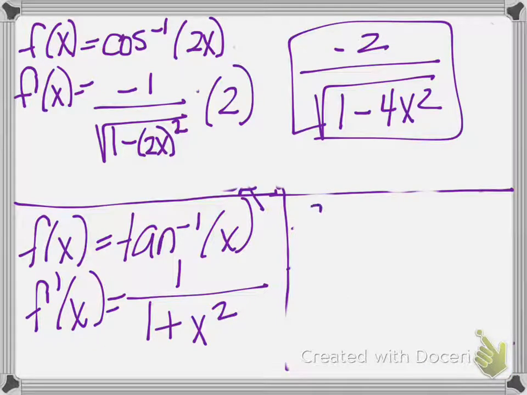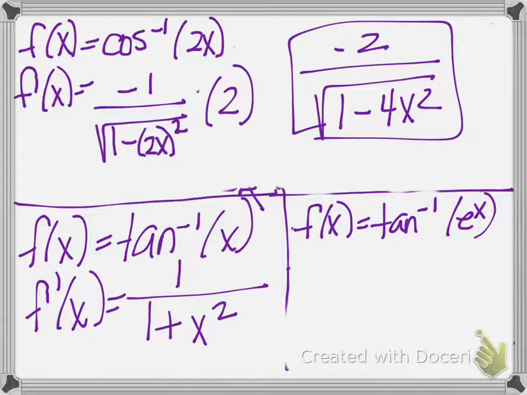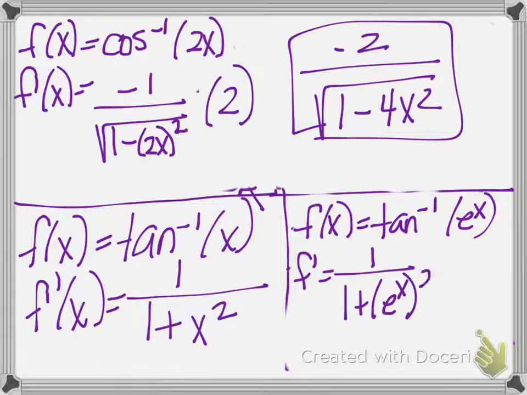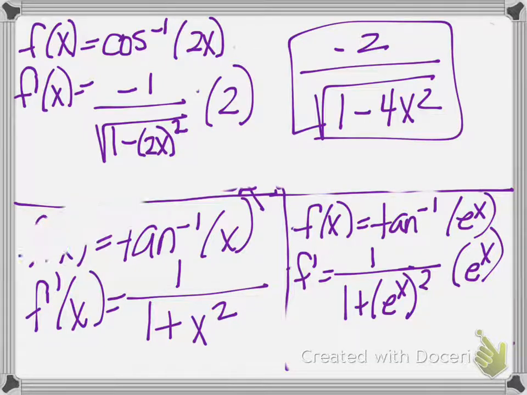And so let's say that f of x equals tan inverse of, let's live dangerously and say e to the x. Okay, then f prime is going to equal 1 over 1 plus e to the x squared times the derivative of e to the x, which is just e to the x. And if you wanted to simplify that, you could.